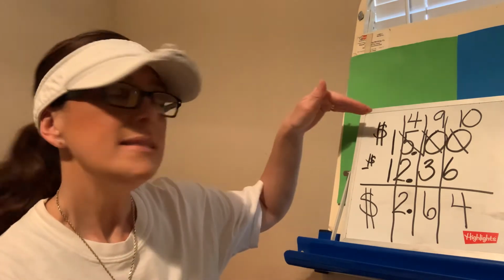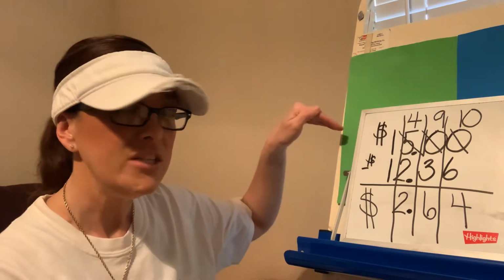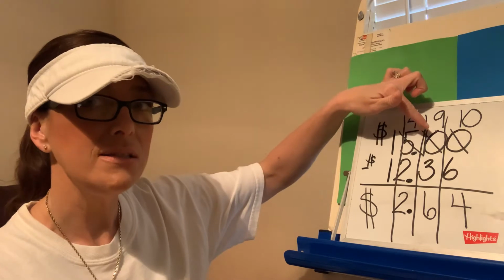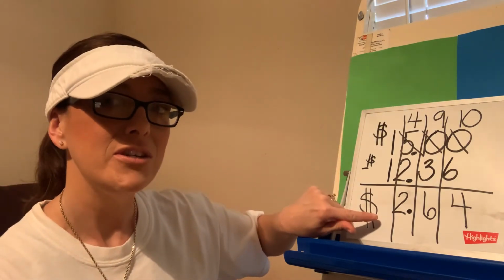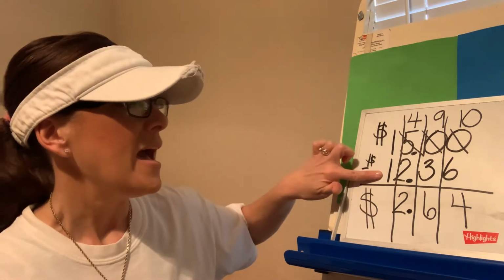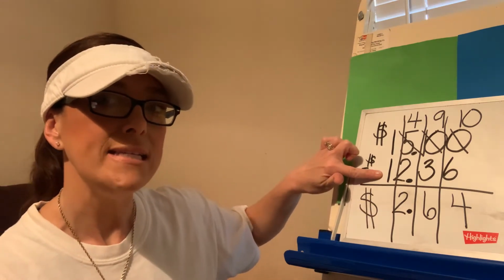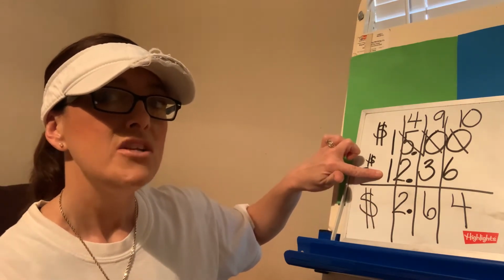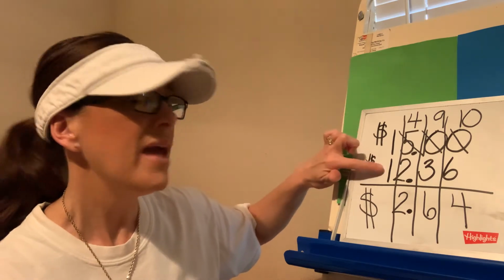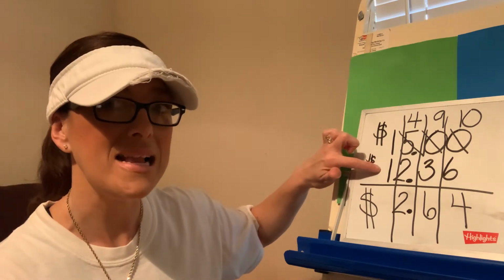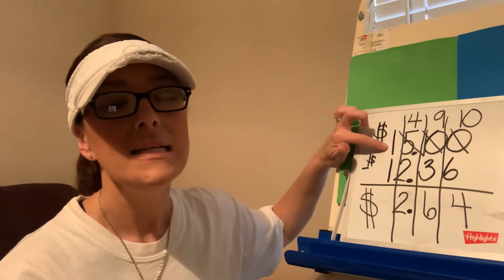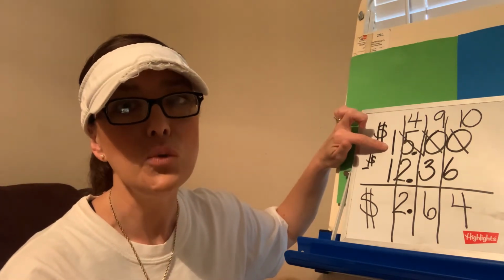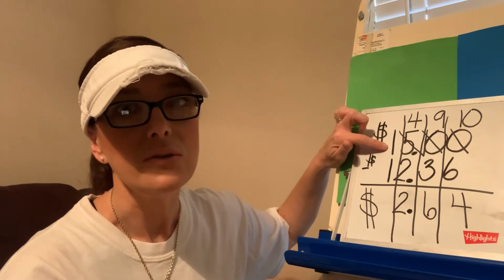So again, I've done 2 things with this exercise. I have practiced how to borrow across the digits, especially borrowing across zeros, and I've practiced how to give back change. Okay, if an item had cost $12.36, chances are I wouldn't have had the exact amount of money. So maybe I handed the clerk who was taking my money at the store $15.